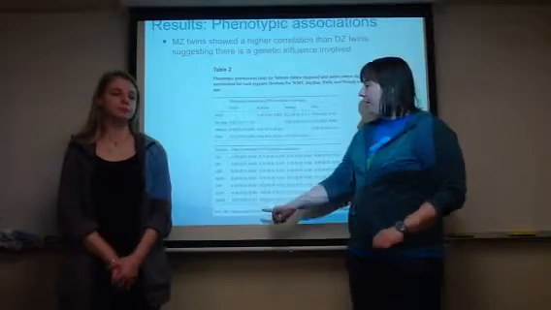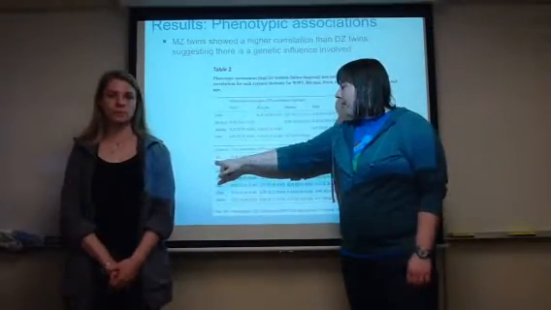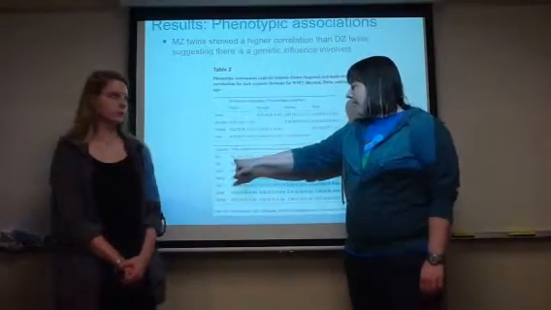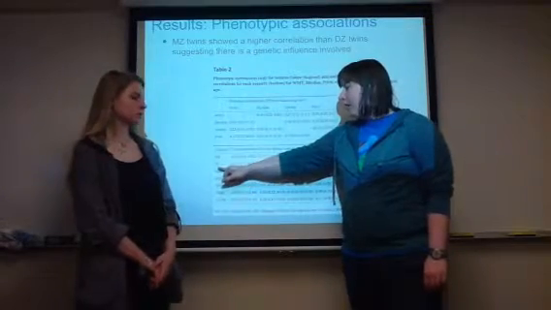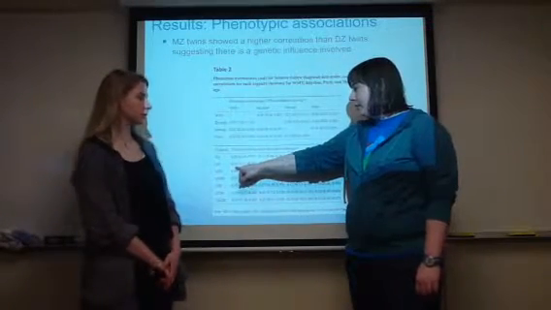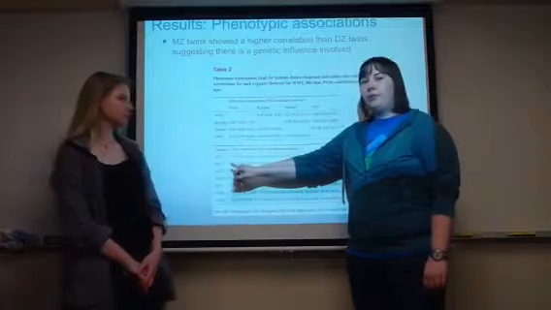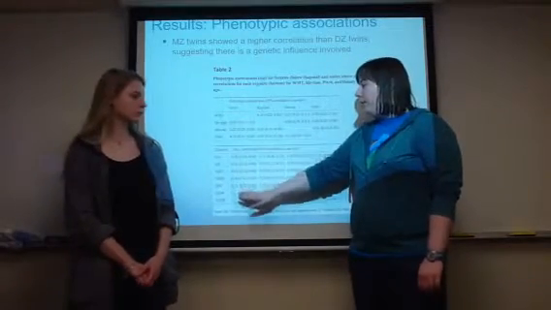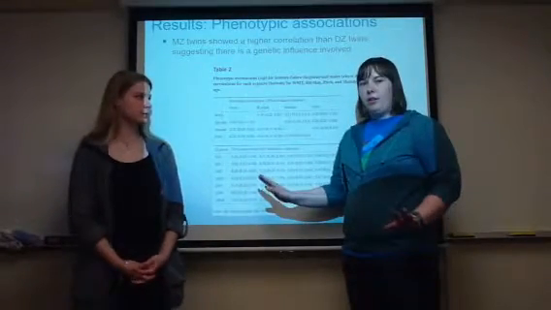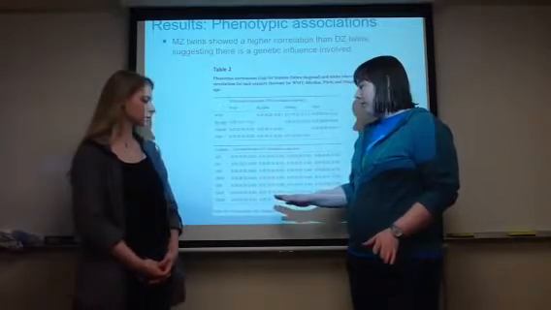And this can be seen if you look at the table. The MZ twin correlation numbers are significantly higher than the DZ twin correlation numbers. And this is true throughout the whole table, regardless of gender of the MZ twins or the DZ twins.